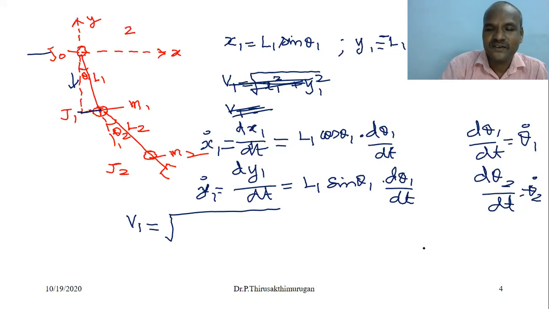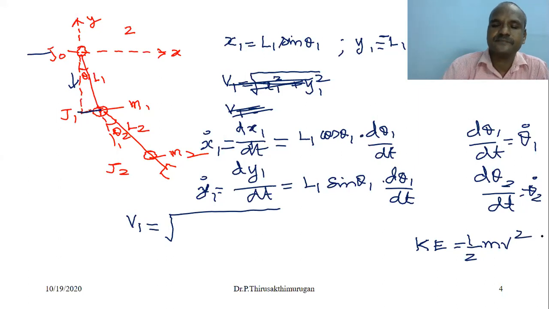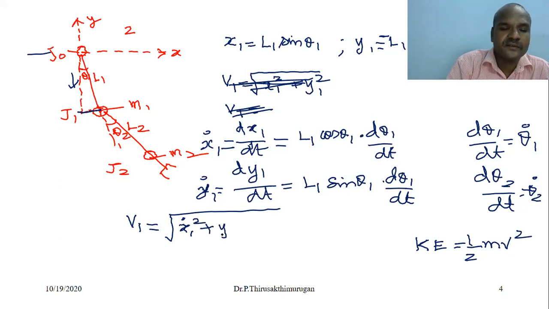Because we know that the kinetic energy of a mass system equals half m v square, mass into velocity square. So here, x1 dot square plus y1 dot square.